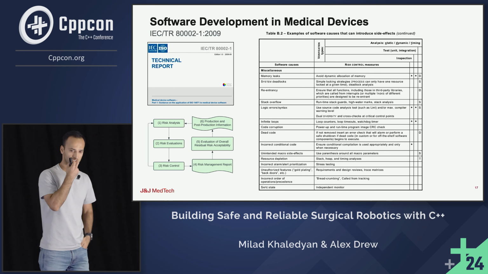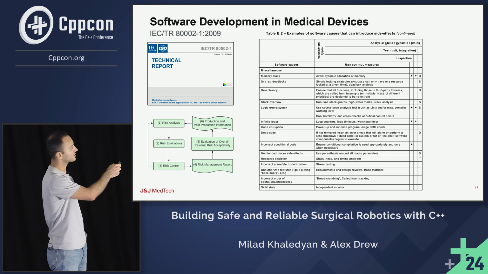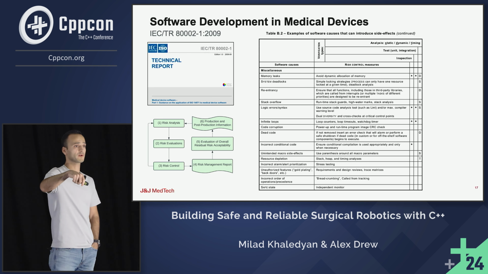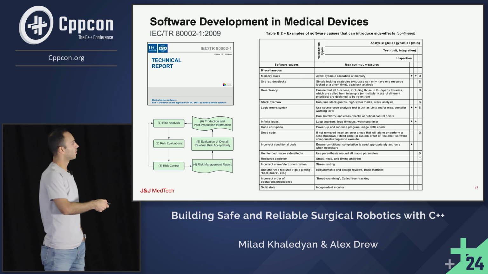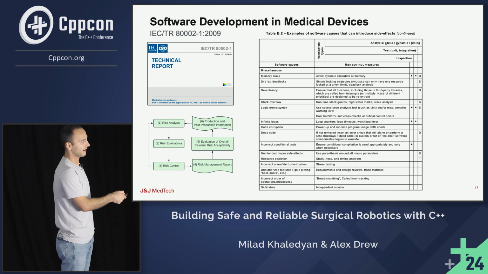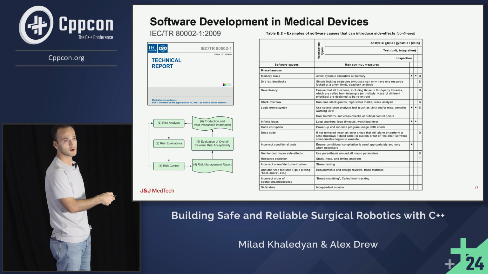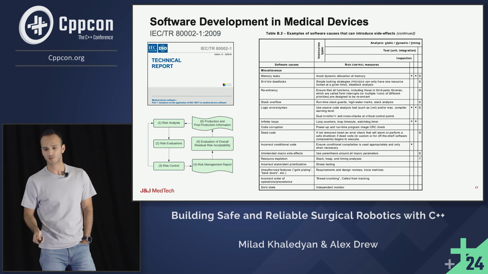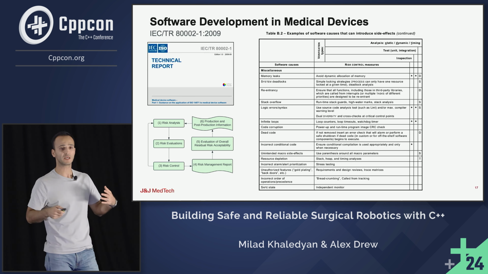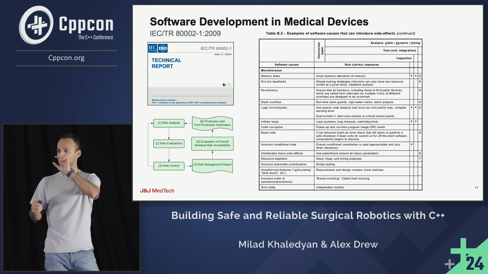A very important document here is TIR 80002. They talk about the application of medical device risk management to medical device software. One example: you have the software failure item, then some sort of risk control measure, and then some sort of verification type, and they give you tons of examples.